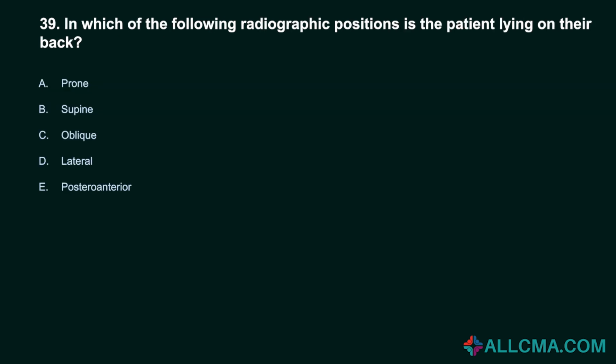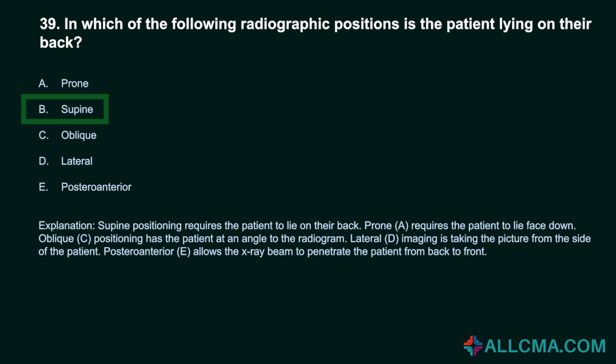39. In which of the following radiographic positions is the patient lying on their back? A. Prone. B. Supine. C. Oblique. D. Lateral. E. Posterior. Correct answer: B. Supine. Supine positioning requires the patient to lie on their back.